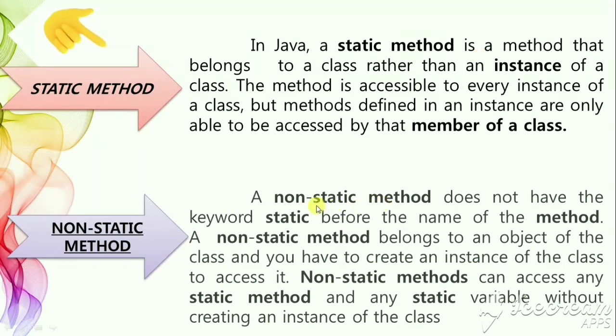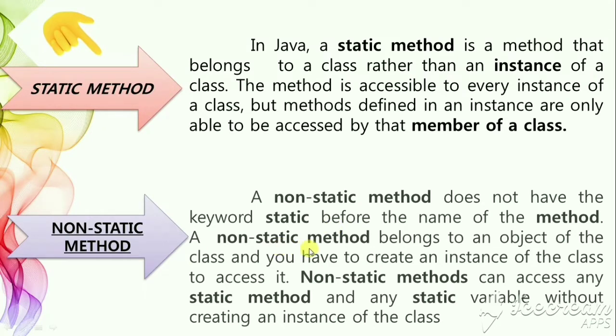But a non-static method does not have the keyword static, whereas this type of method has the keyword static. Before the name of the method, it does not have any static keyword.